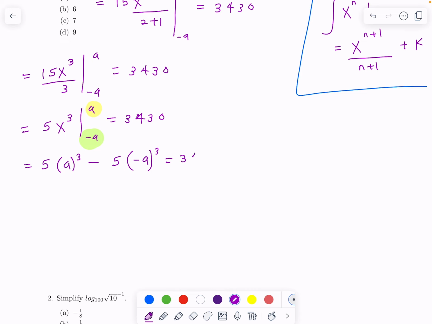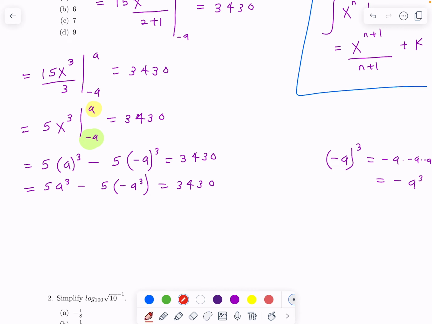Everything is equal to 3,430. Now if you simplify, negative a cubed is simply negative a times negative a times negative a. So I have 5a cubed minus 5 times negative a cubed equals 3,430.